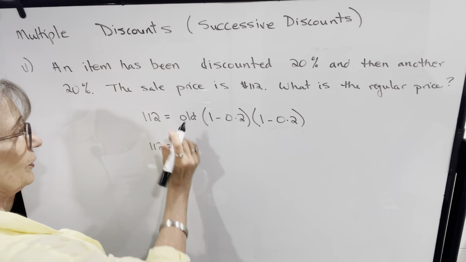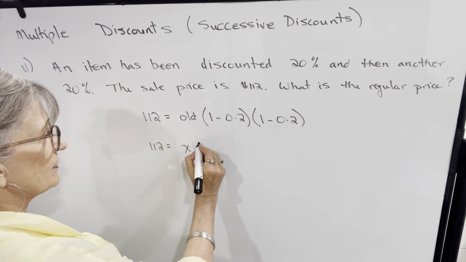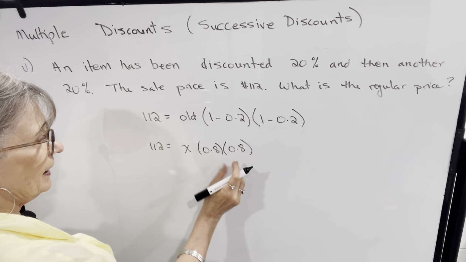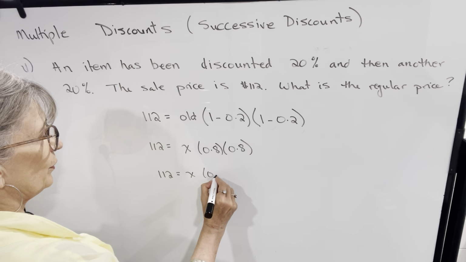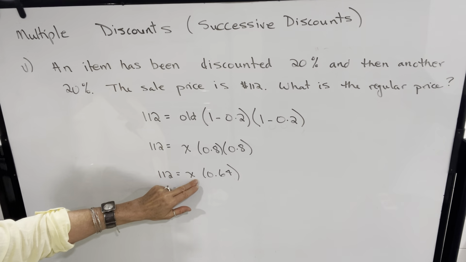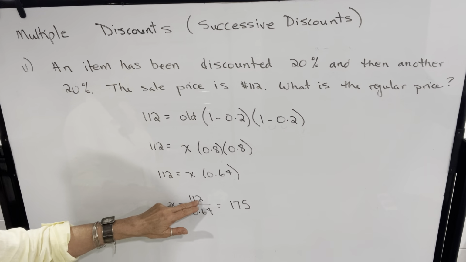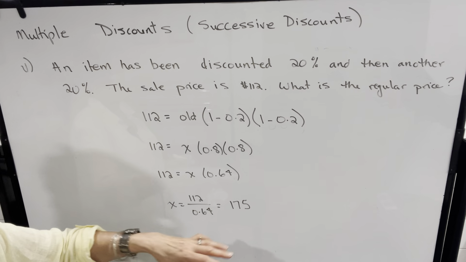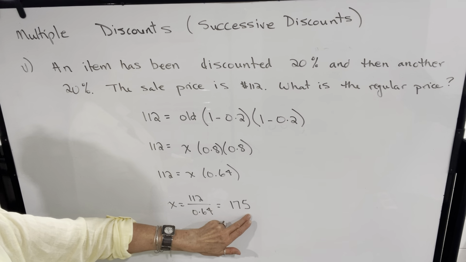I'm going to call this value x, and I'm going to simplify inside the brackets, so I'm going to get 0.8 times 0.8, and I'm going to multiply those values to get 0.64. In order to solve for x, I divide both sides by 0.64. 112 divided by 0.64 is equal to 175. So therefore the old or the original or the regular price was $175.